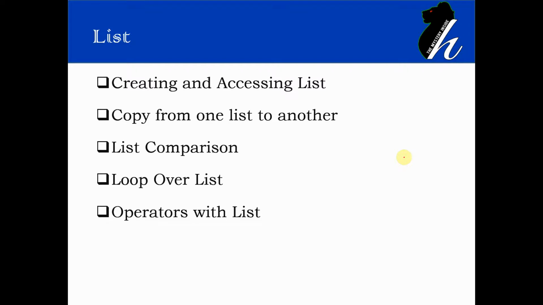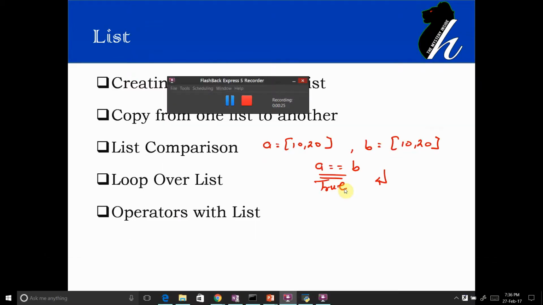Now let us understand how one list can be compared with another list. Let's say I have a list A equals 10, 20 and B equals once again 10, 20. If I want to compare these two lists, then I can use the operator A equals equals B. If both lists have the same values, it is going to return true. So let me demonstrate the same.